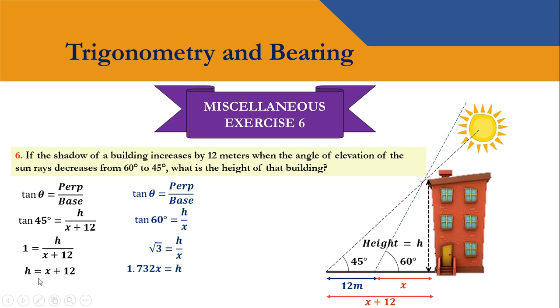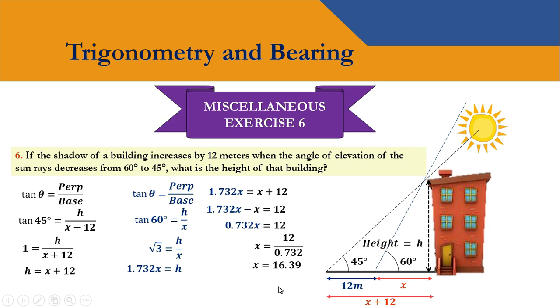So as h is equals to x plus 12, and we know that h is equals to 1.732 times of x. So by using the transitive property of the real numbers, we can say that 1.732 times x is equals to x plus 12.